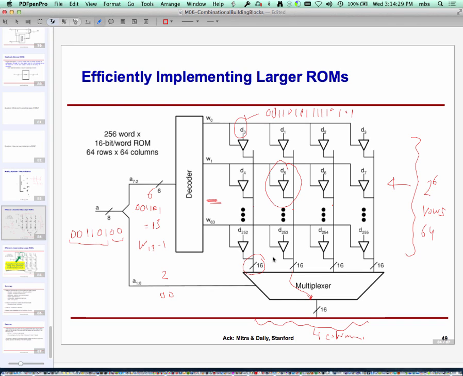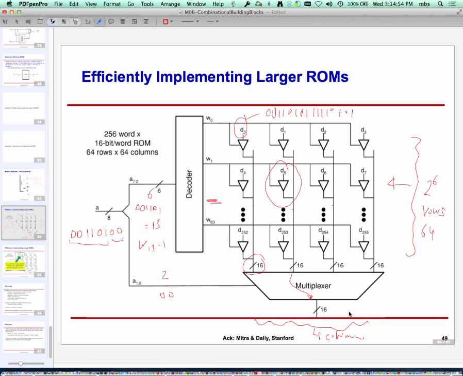So what do you mean by 256 and 16? Well, I have 256 locations. Each one of them has a 16-bit number. My address was 8 bits. So I took 6 of them for rows, 2 of them for columns. So I have 64 rows and 4 columns.